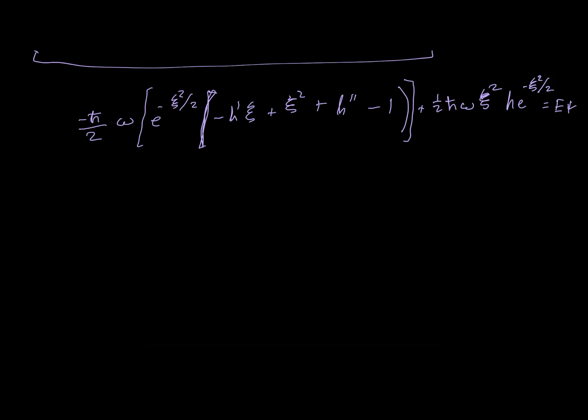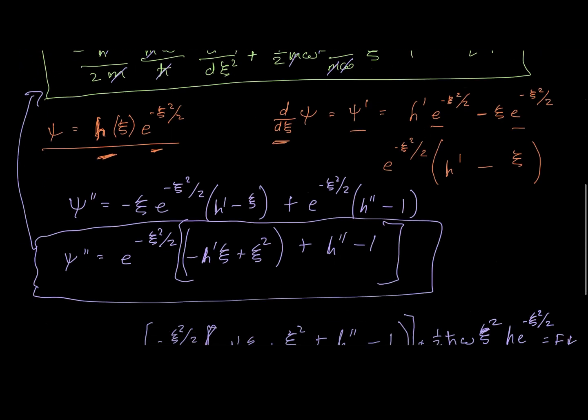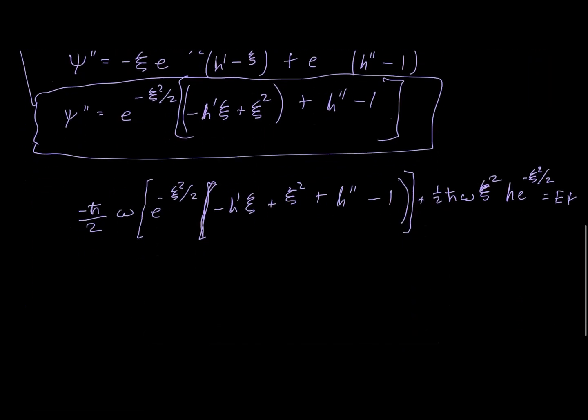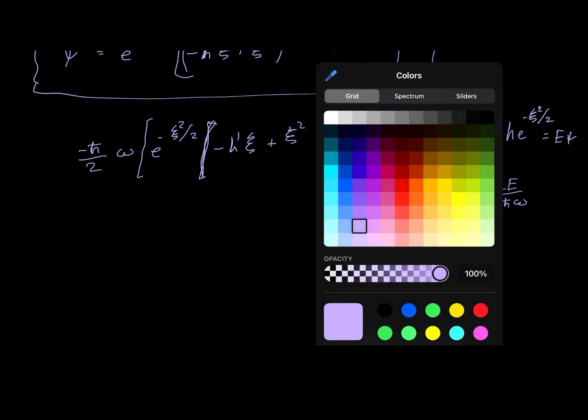So we want to convert the e into a k basically, and k equals 2 big E over h bar omega. That's what we want. So let's go ahead and basically multiply everything by 2 over h bar omega on the entire equation, and then see what we come up with.